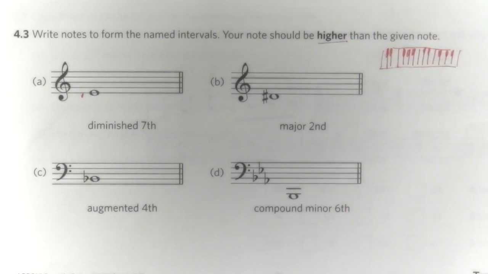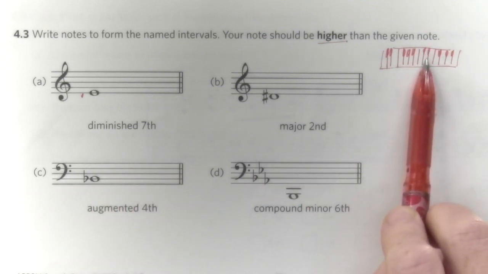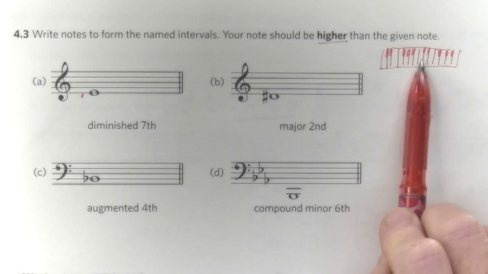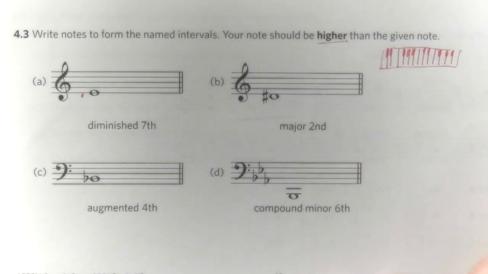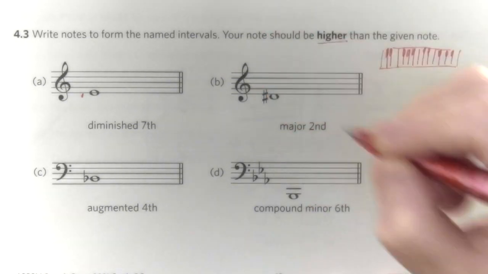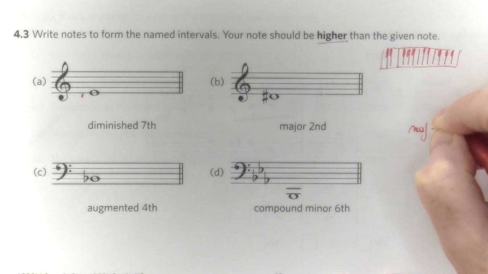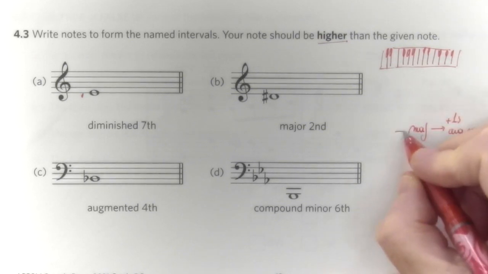Okay. So from mi to re is a tone, right? So it is a major interval. Now, we said plus one semitone equals augmented.